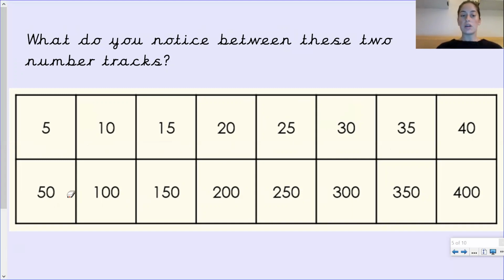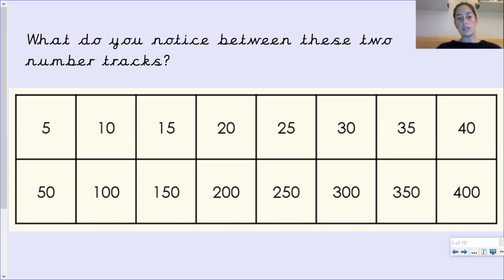So the numbers are going up in 50. 50, 100, 150, 200, 250, 300, 350, 400.